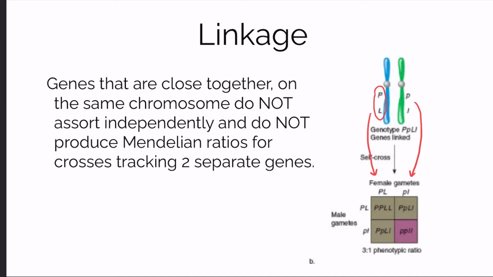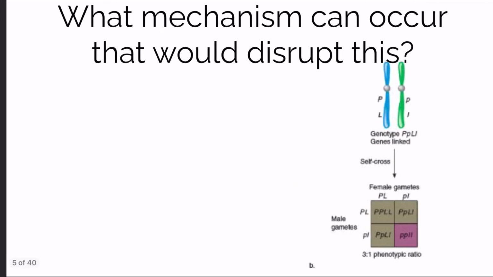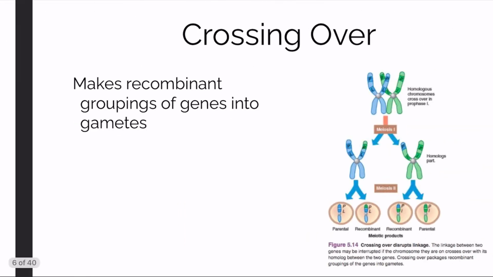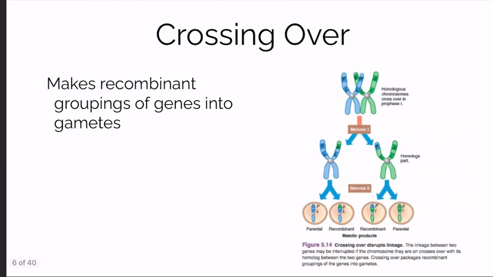So try and think about what mechanisms we've learned that can actually screw this up. What can possibly disrupt this? If you can remember back from meiosis, learning about the mechanisms that contribute to genetic diversity, crossing over can impact how these genes are going to move, because they are going to make new recombinations of these genes in their gametes.